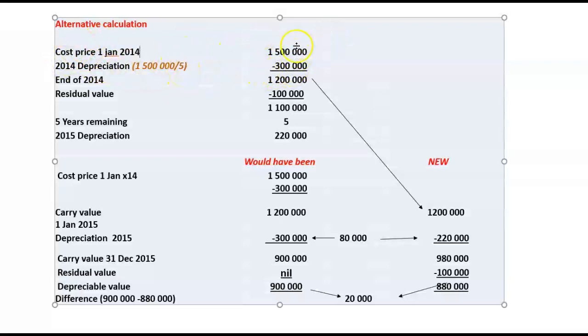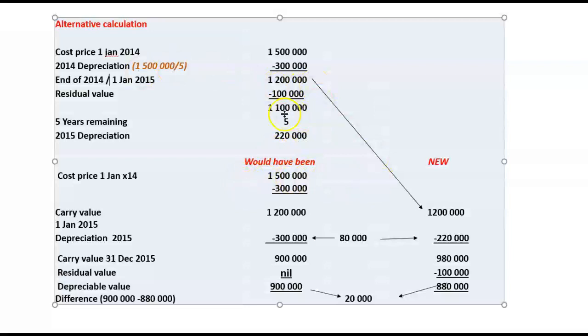So therefore, for the full year that we've used the asset, it would have been 1.5 divided by 5, which gives us 300,000 rand. So as at 1 January 2015, the carry value as at the beginning of the year was 1.2 million rand.